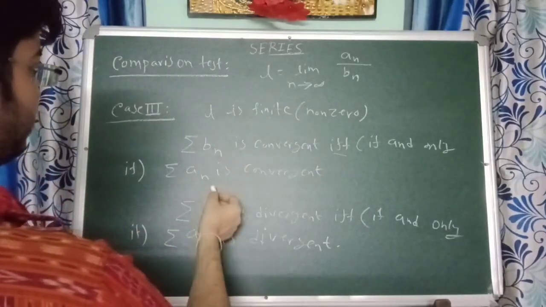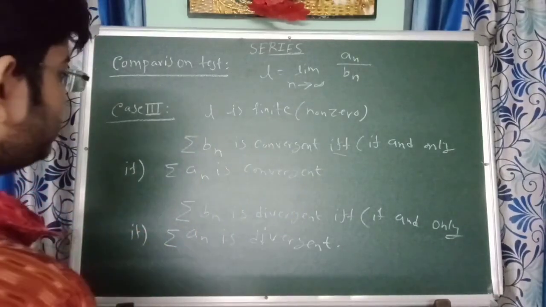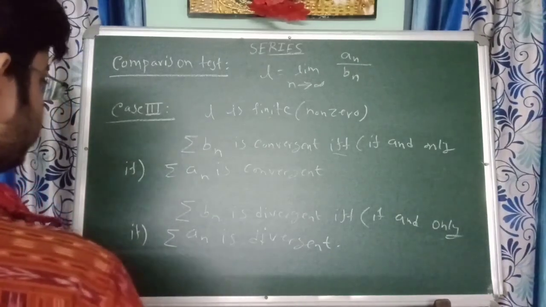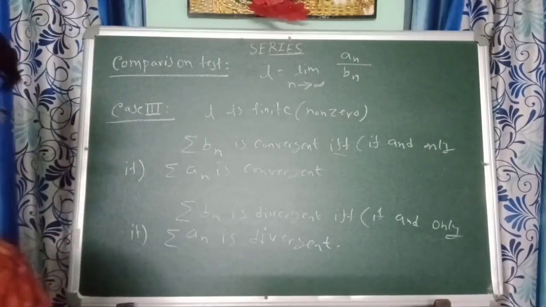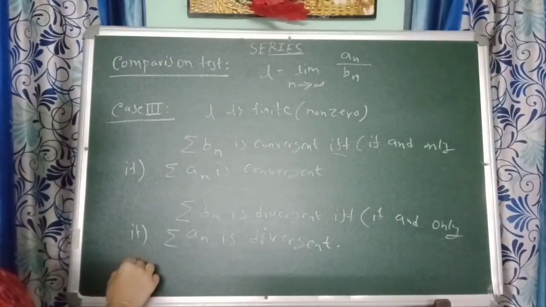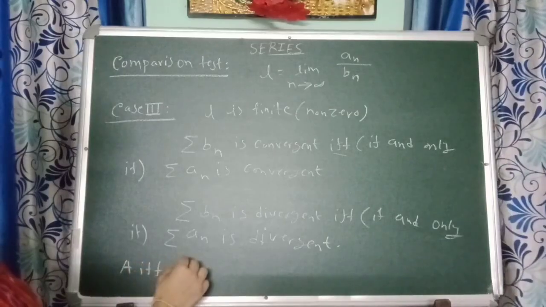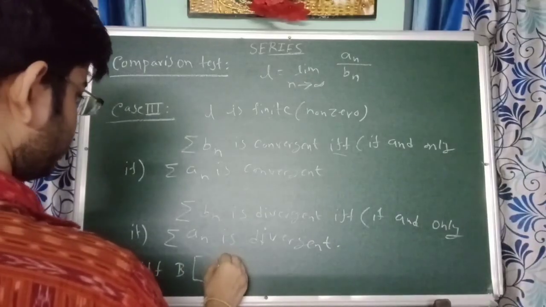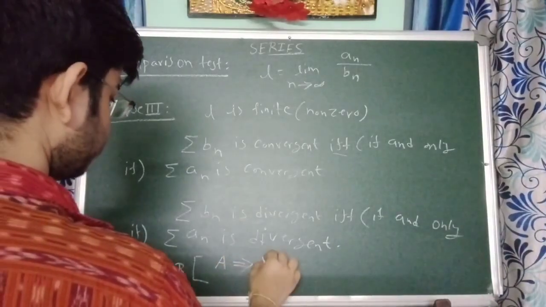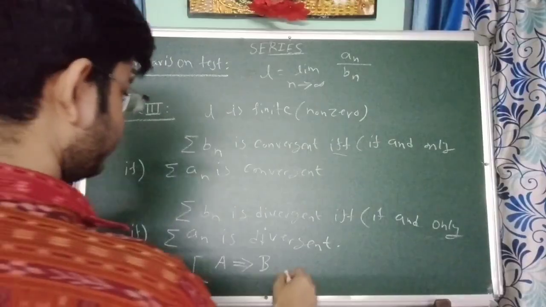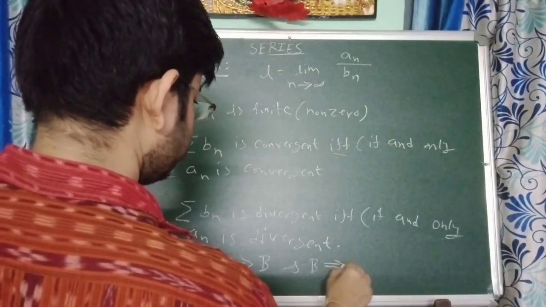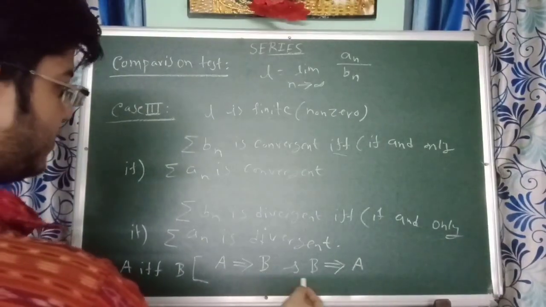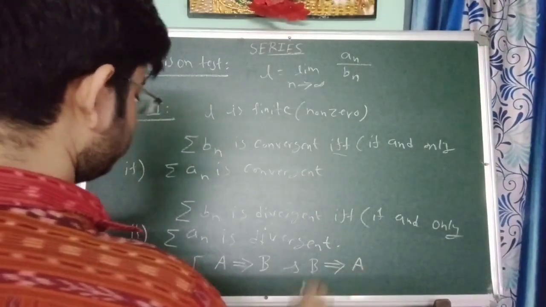Summation a_n is convergent if and only if summation b_n is convergent, and summation a_n is divergent if and only if summation b_n is divergent. Now, if and only if means A if and only if B; its meaning is A implies B and also B implies A. If A holds, then B also holds, and if B holds, then A also holds.